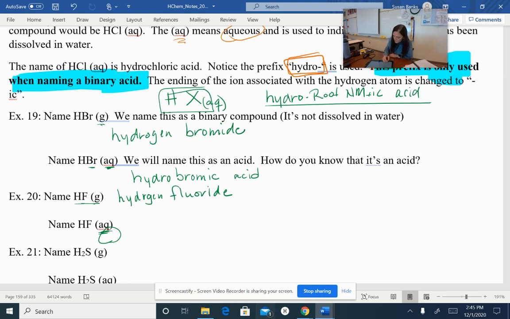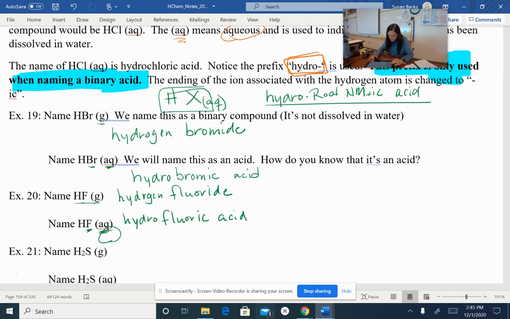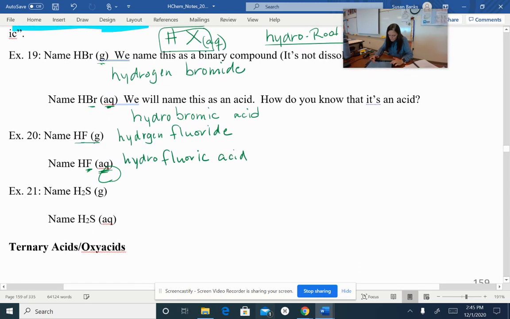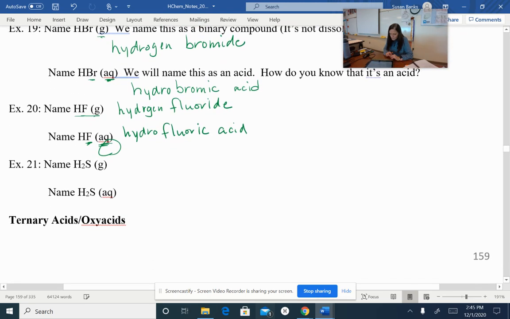So we're going to start with hydro. And then we have fluorine. The root of fluorine is fluor. And then we're going to add on ic, and then we're going to add on acid, hydrofluoric acid. Okay? So I want you to do this next one on your own and see if you can name it both ways.